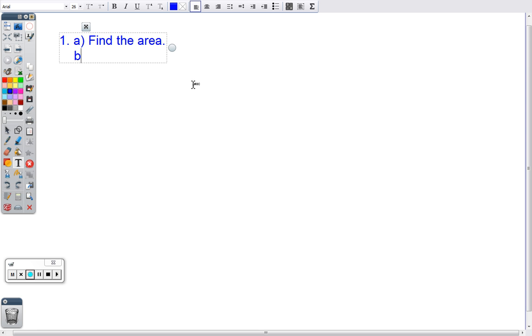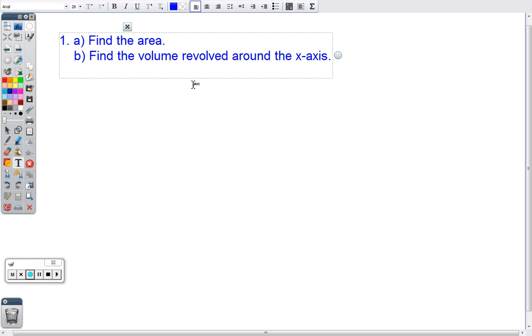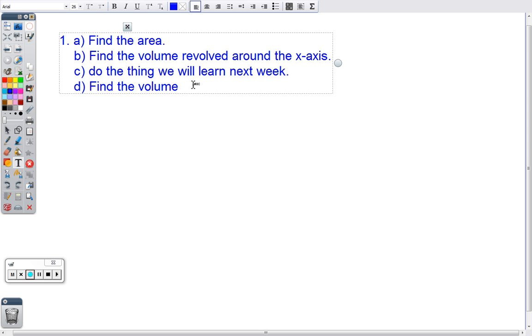Part B: find the volume revolved around the x-axis. Part C: do the thing we will learn next week. Don't worry about it. Part D: find the volume revolved around the y-axis.